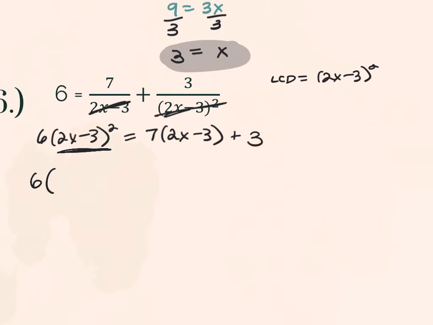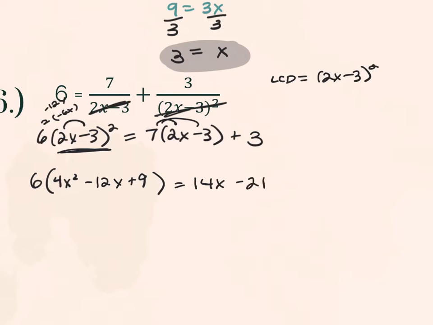It would be the first one squared, so 4x squared. The last one squared, so positive 9. And then double the product, so negative 6x times 2, which is negative 12x. Equals, distribute the 7, 14x minus 21 plus 3, distribute the 6.